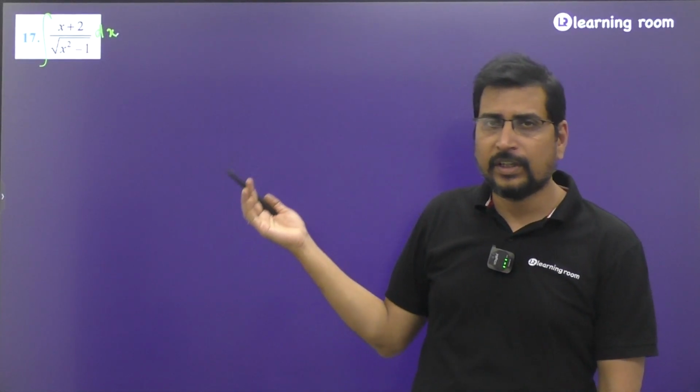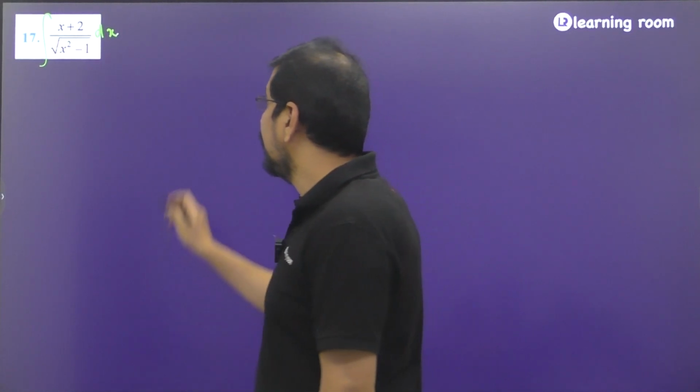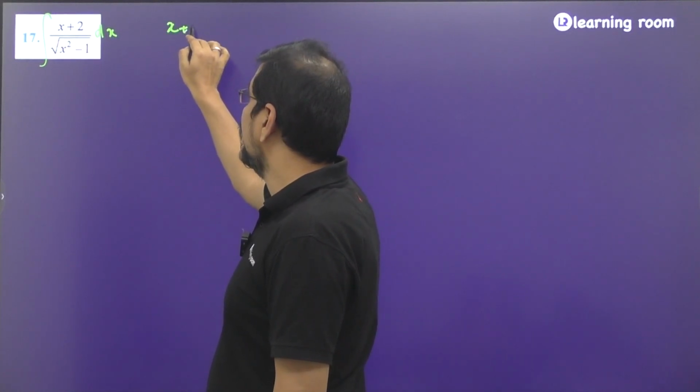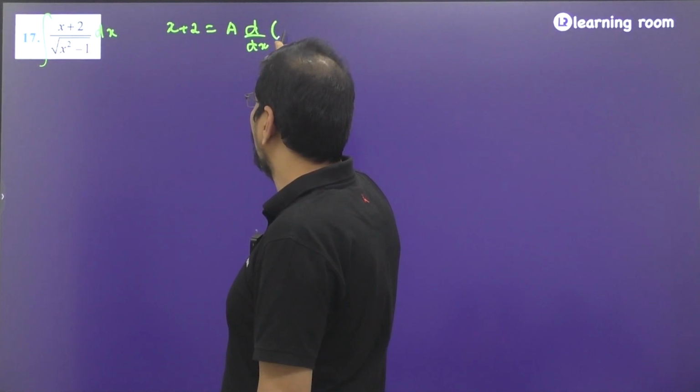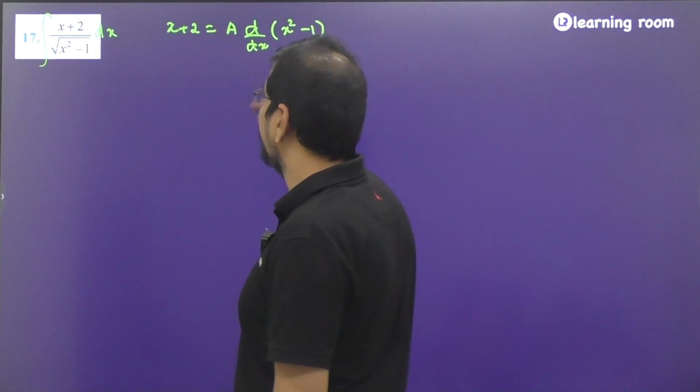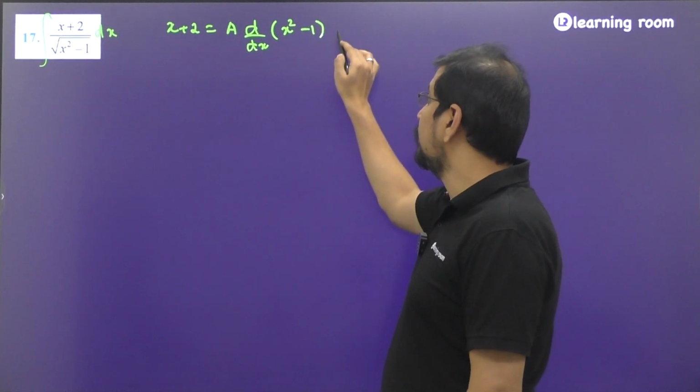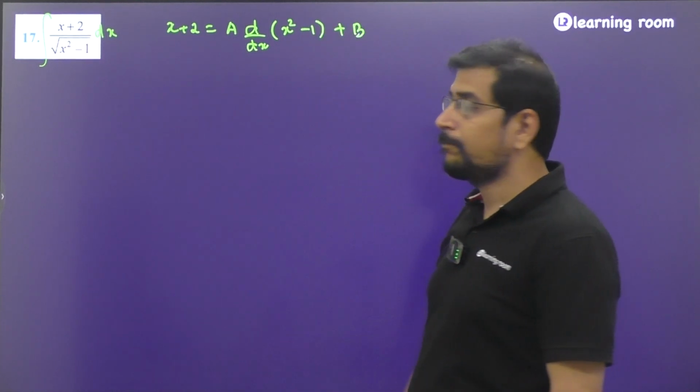So the next question is the integral of x plus 2 divided by square root of x square minus 1. It is of the same form, px plus q divided by root of ax square plus bx plus c. So again, I will write px plus q, that is x plus 2, equal to a into d by dx of (x square minus 1) plus b.